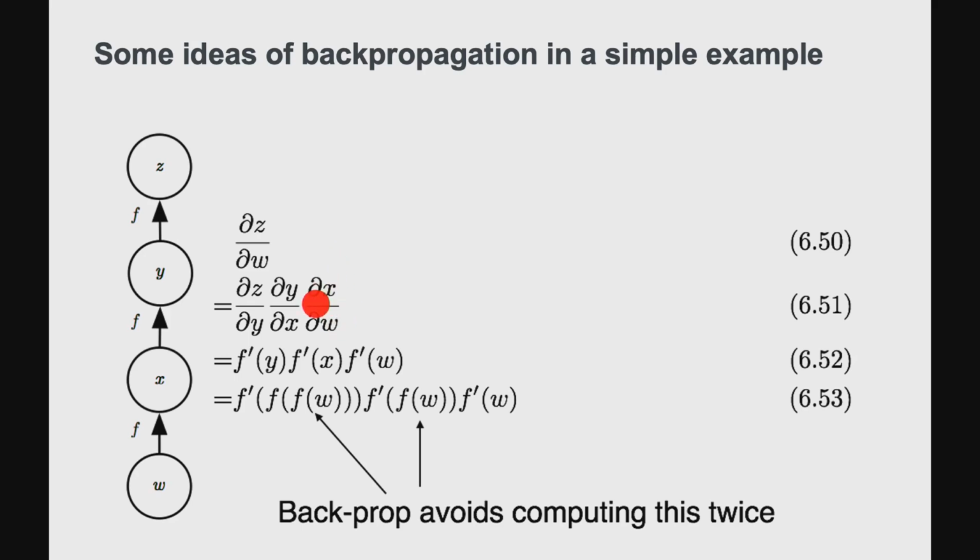This is the partial derivative of x in the direction of w. And what you see here is we have a chain. In this simple example, it's a direct chain. In general, it could also be split in different directions. And what you also see here is that this term is the same as this term, because this derivation of w and this cancel each other out. And these cancel each other out.